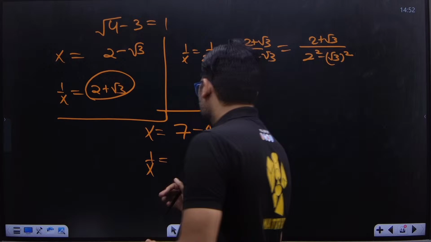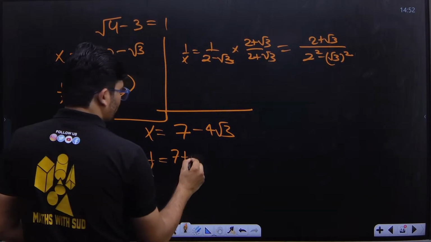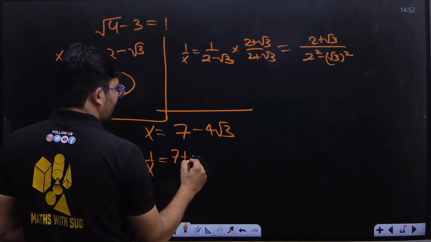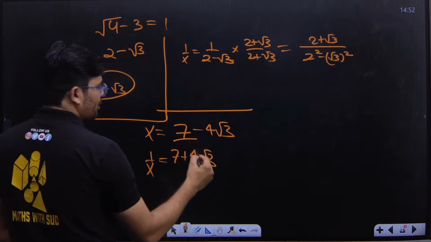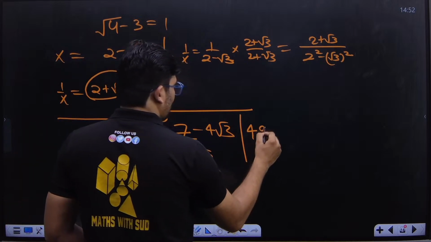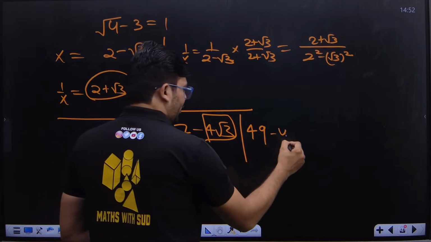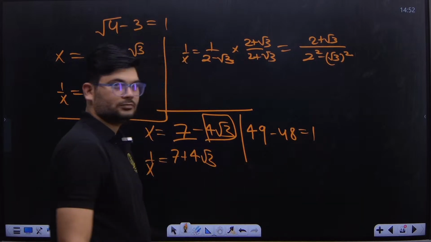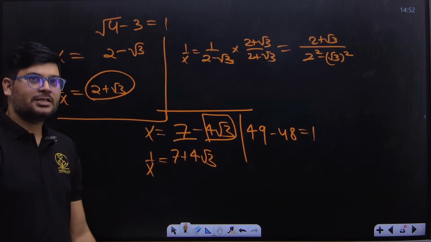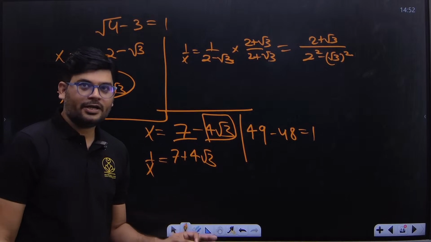Are you getting it? Why? Because if I do the square of 7, it is going to be 49. And if I do the square of this, it is going to be 16 into 3, which is 48. So 49 minus 48 is 1 only. Are you getting it? Yes, sir.